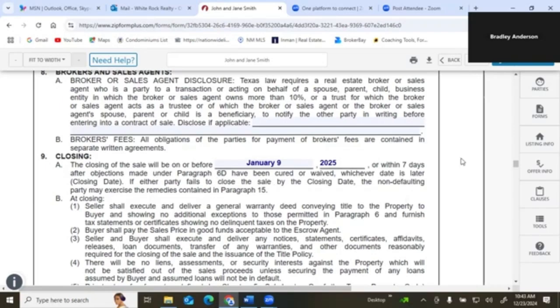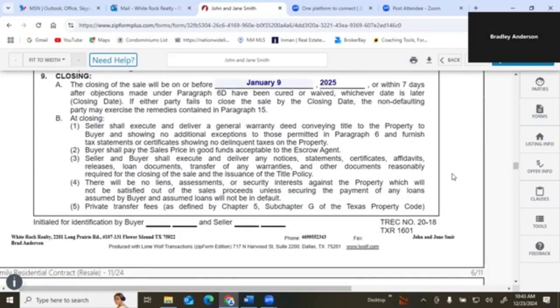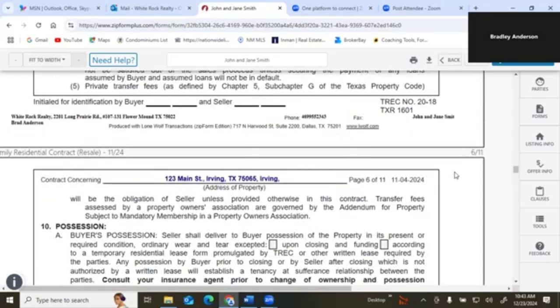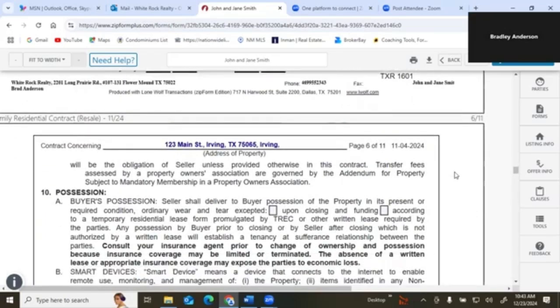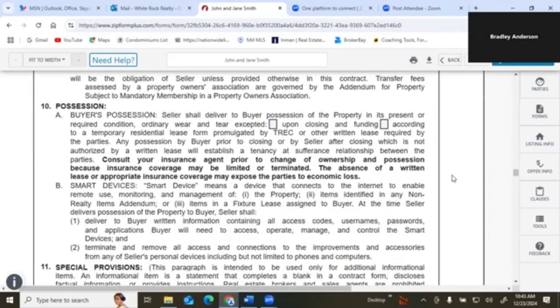Now, if your offer is going to go back and forth, because your offer is going to go back and forth probably, and you're going to waste a couple of days, I would add a couple of days and make it maybe 32 or 33 days from today. Okay. You also don't know when your seller is going to get a chance to respond. All right, possession. When is your buyer going to take possession of the home?